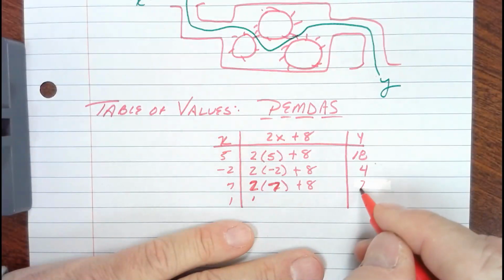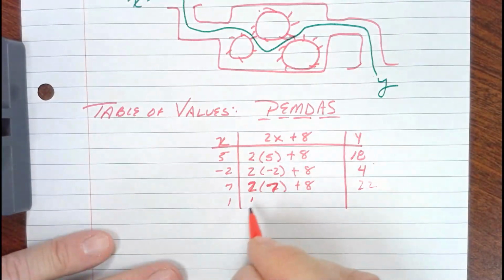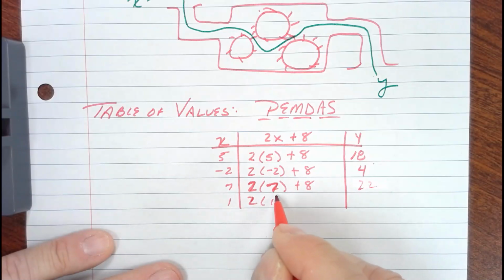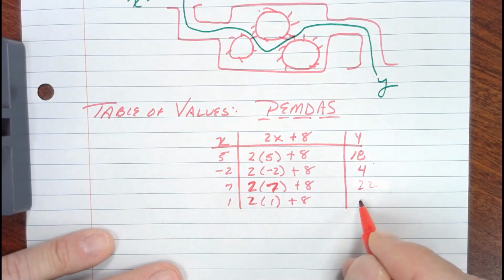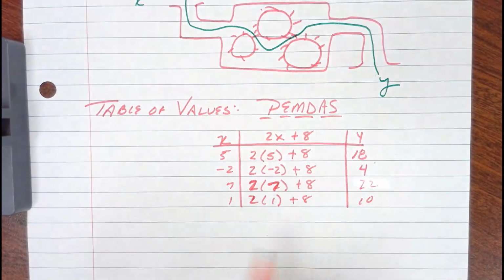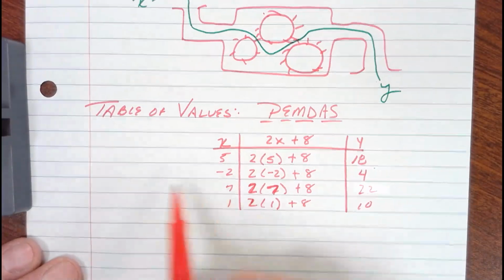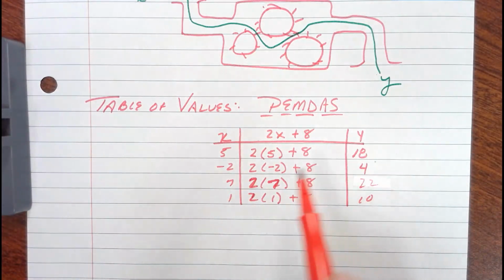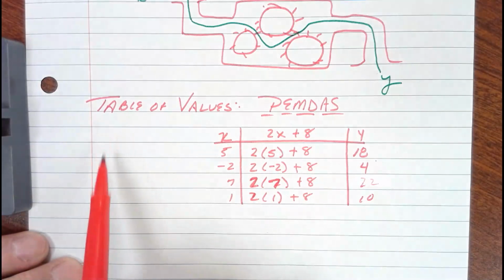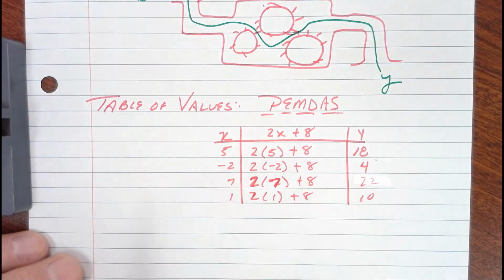I should have a value of 22 over here. These are independent values. These are values that you choose to put into the machine. And you get values coming out.